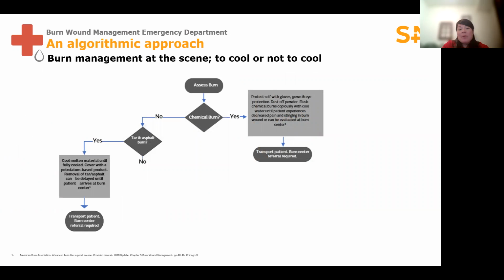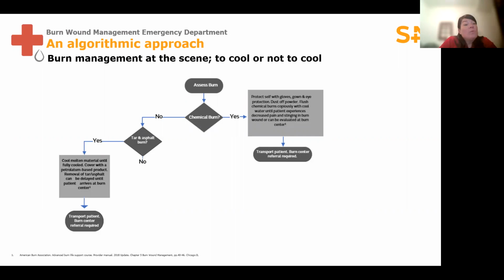So if it's not a chemical burn, then look at whether it is a tar or asphalt burn. If yes, then again, this is a burn type that would require transporting the patient to the burn center and connecting with the burn center for that referral.